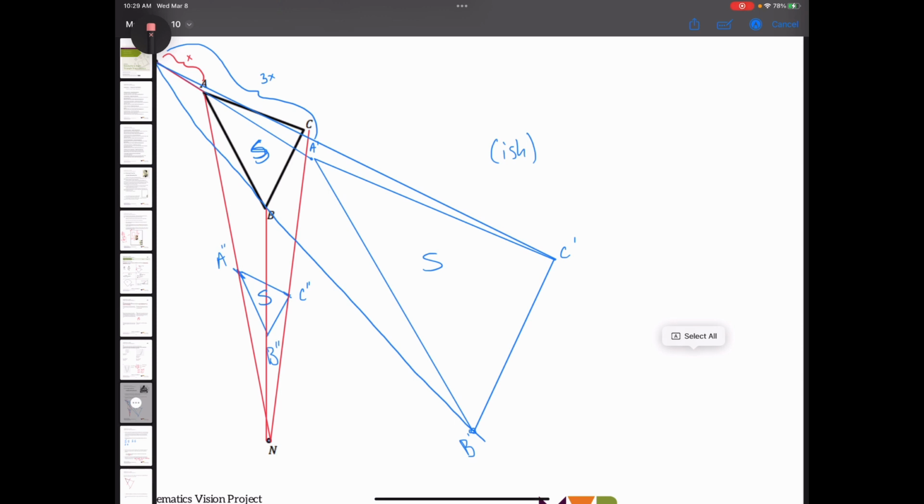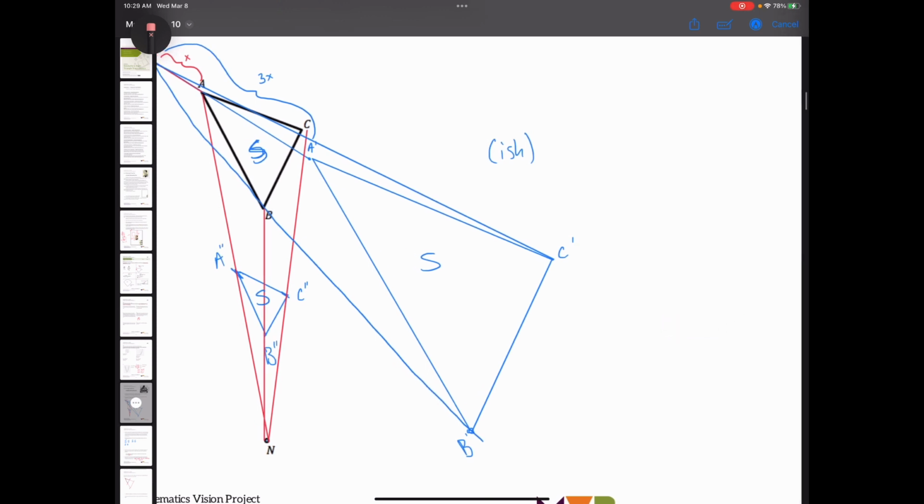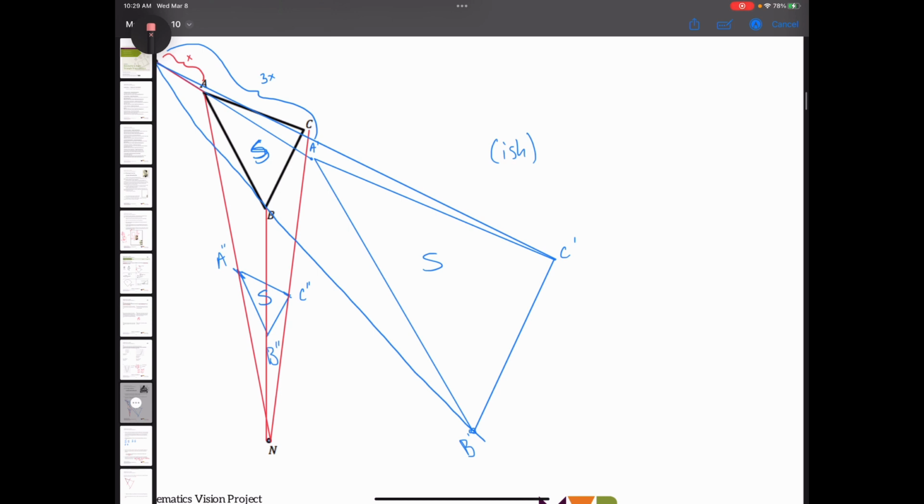Yeah, Jacob. Segment C prime, A prime over segment C double prime, A double prime is equal to segment C prime, B prime over segment C double prime, B double prime. Great. Jason? Line BM over line BN is equal to line CM over line CN. Sorry, words are difficult.